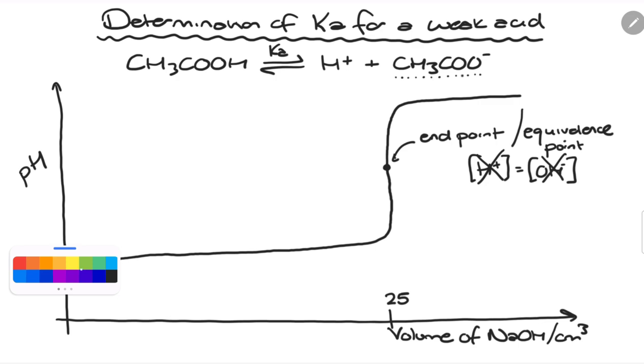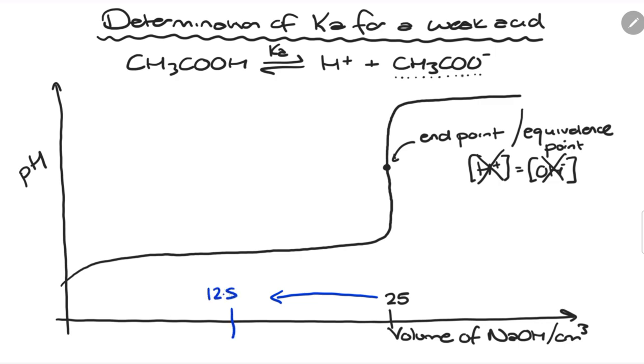But if we were to take a different point on this curve, and typically this would be at a value equal to what's called the half equivalence point. So if we take our 25 centimeters cubed and half it, we go to the half equivalence point, so 25 will be halved to 12.5.